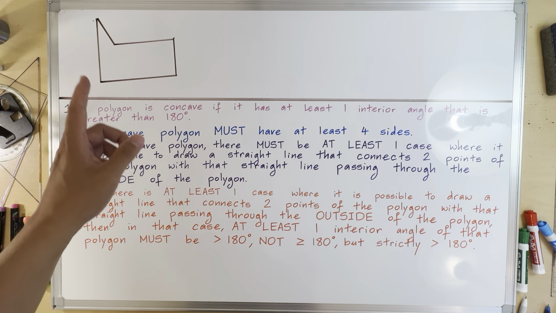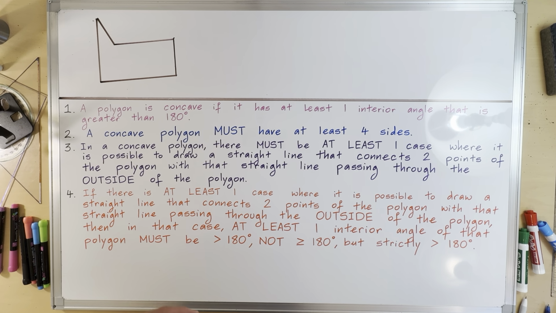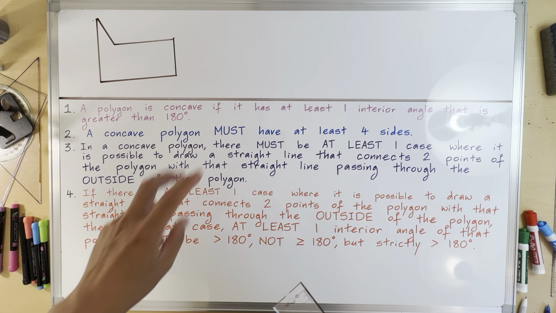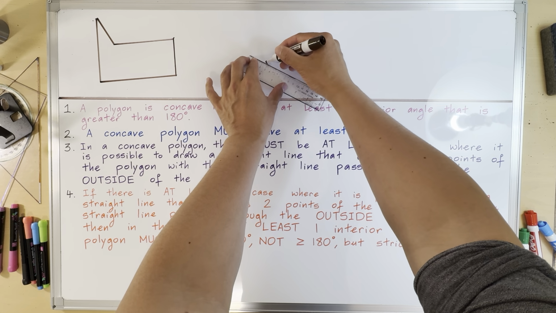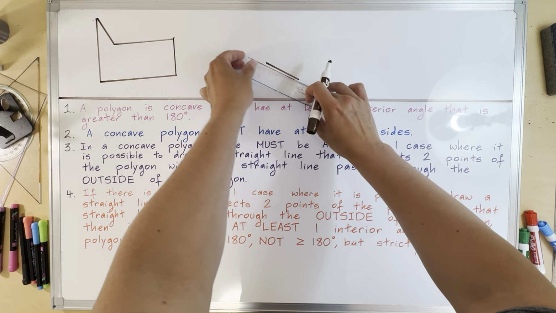So that's the first polygon, which is concave. The second concave polygon that I'm going to be drawing right now would be this one right here.